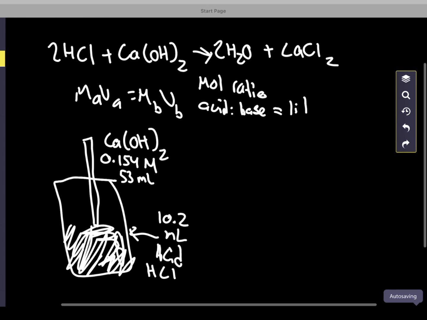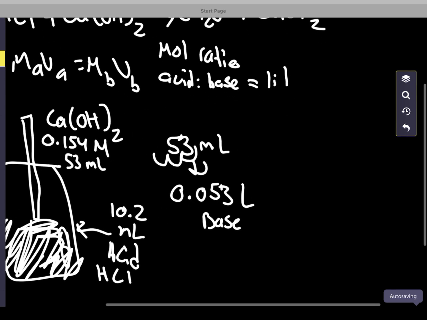So we have molarity. First of all, we have milliliters. Remember, if you have milliliters, convert this to liters. So 1, 2, 3. So it's going to be 0.053 liters of our base. And what we're going to do is convert to moles.